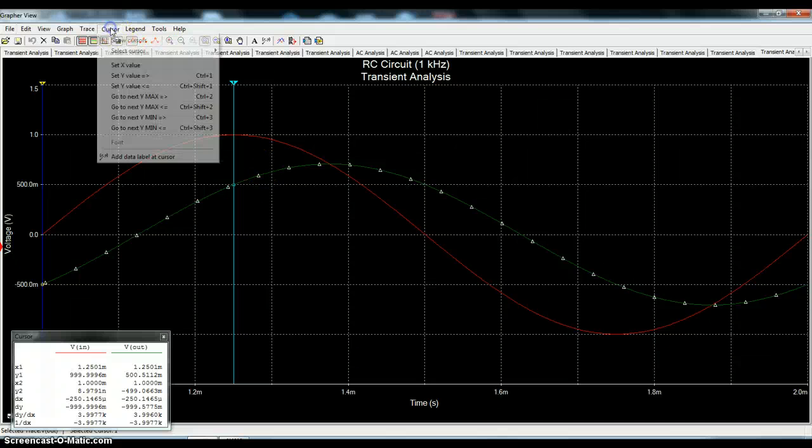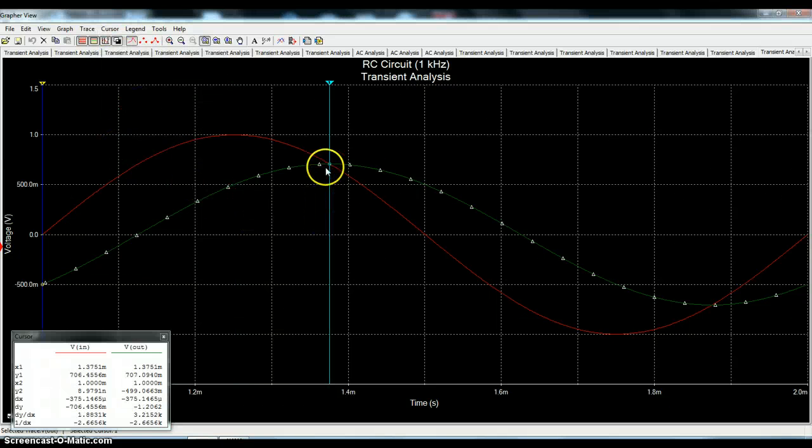So I'll go back to cursor and set the next Y max, and it moves over, and now the Y value, if you look down here, there's a little m at the end, so it's 0.707, and that is the voltage expected across the capacitor at the 3 dB down frequency based on 1 volt at the input. Now let's talk about the phase shift measurements.